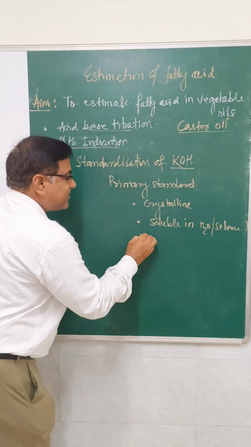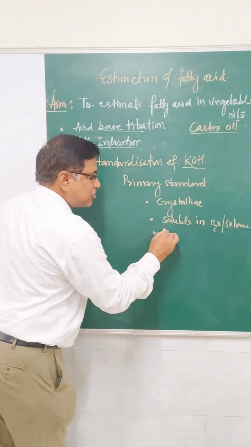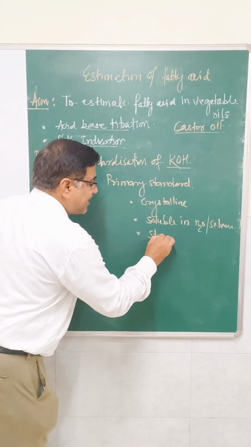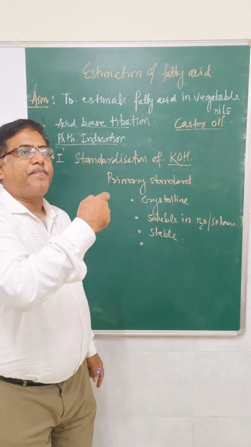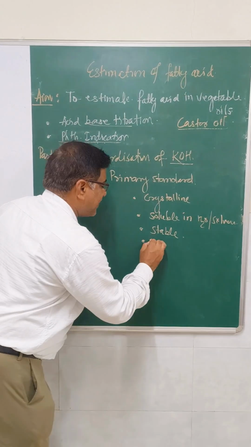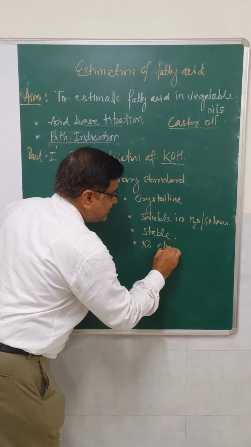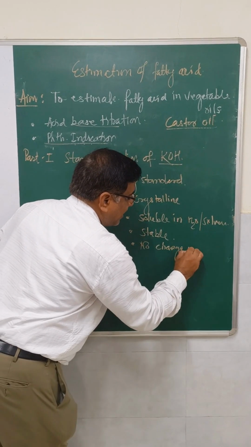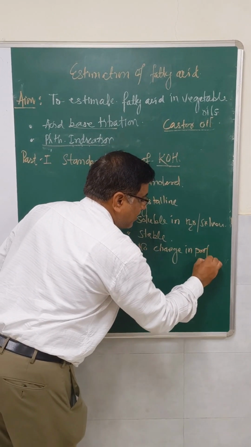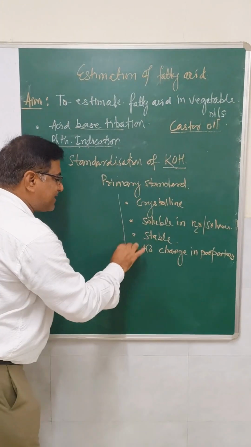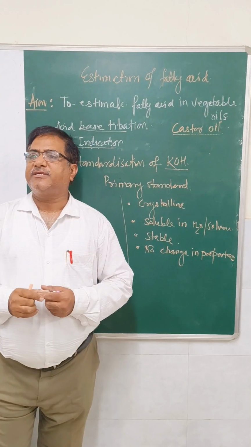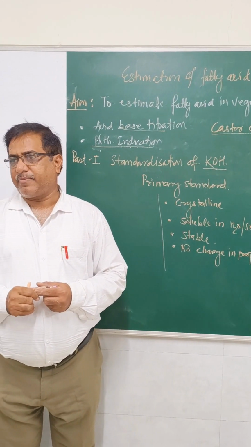When they enter into the solution or solvent, they are stable, means they are not changing their properties. No change in properties. So these are the characteristics of the primary standard chemicals.